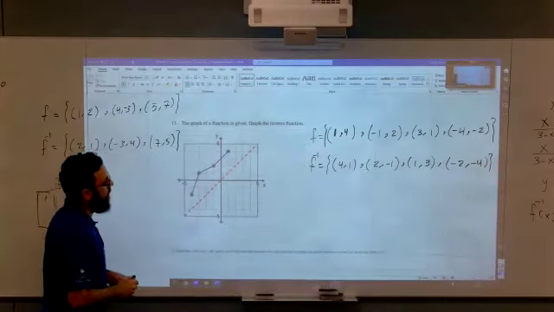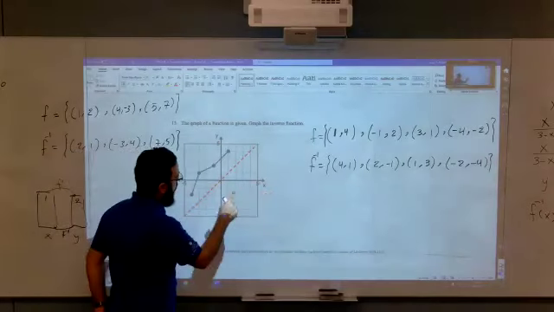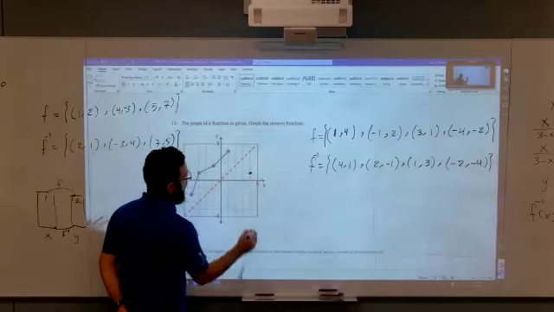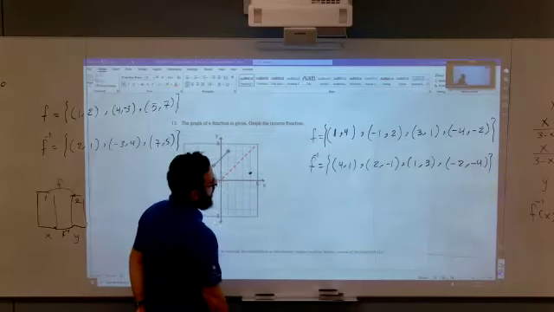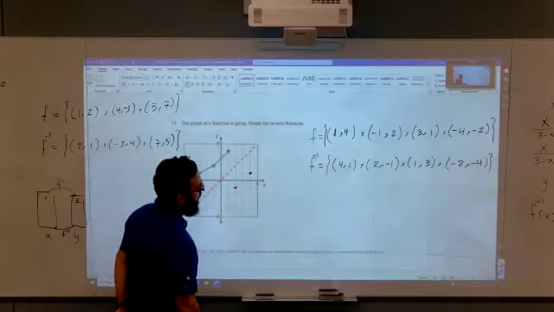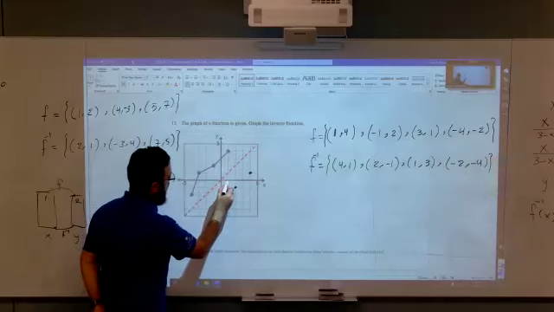Go back and graph these points again. (4, 1): 1, 2, 3, 4, and 1. Here is the point. (2, -1): 1, 2, negative 1. Here is the second point. (1, 3).